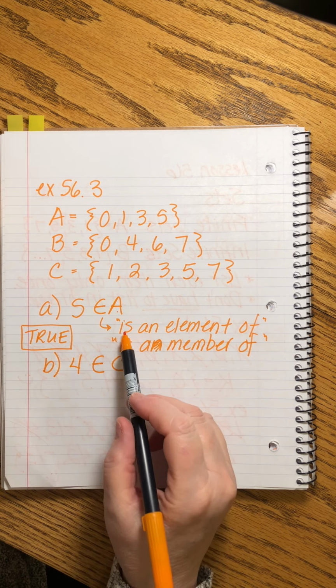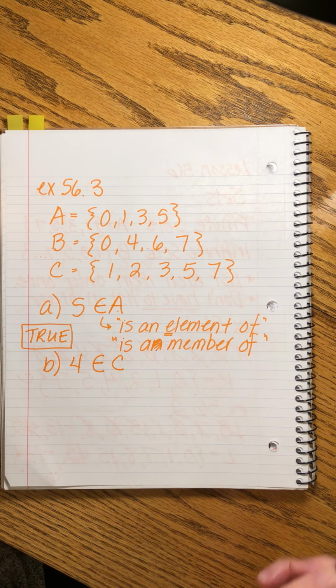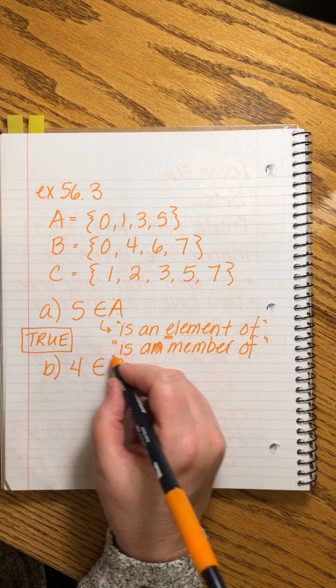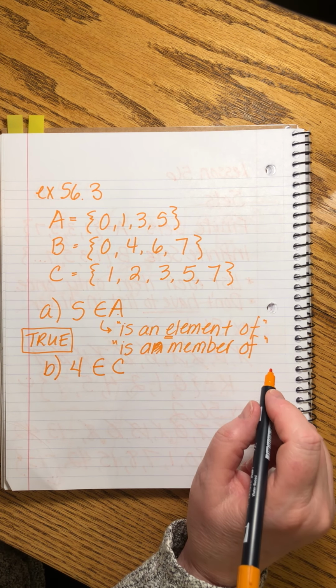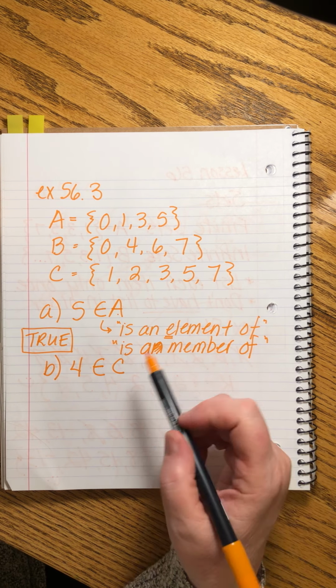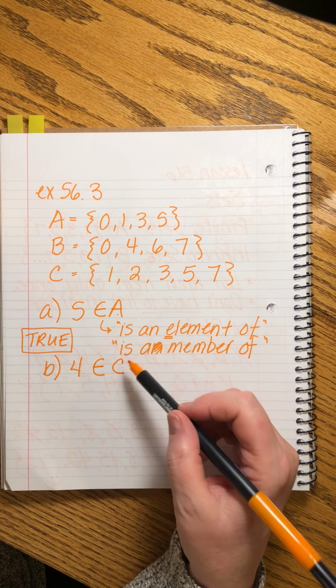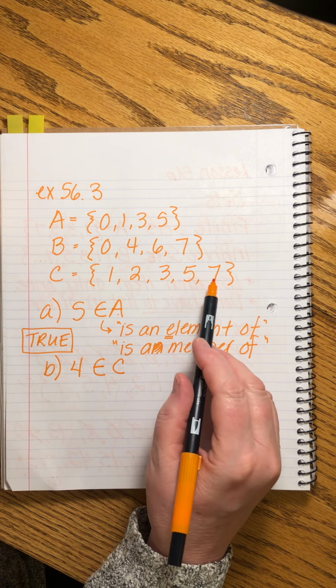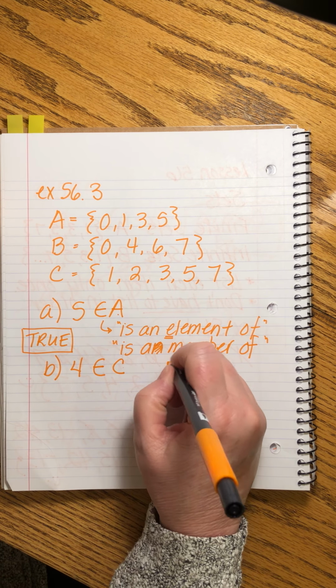But the E helps me remember is an element of, but some students like is a member of, because that is a little more familiar word. Either way, 4 is an element of C. So we look at C, there's no 4 in there. So this one is false.